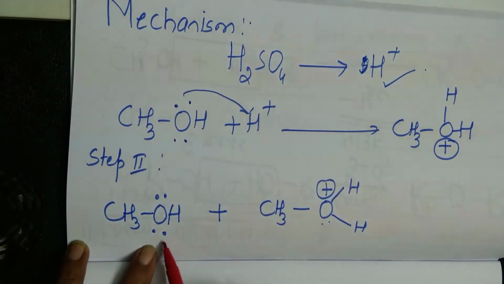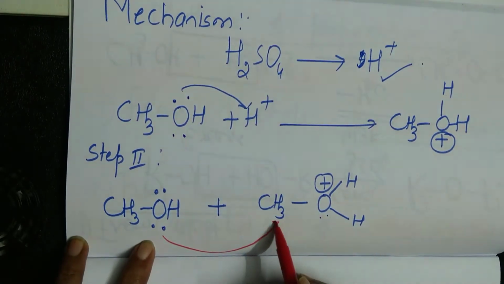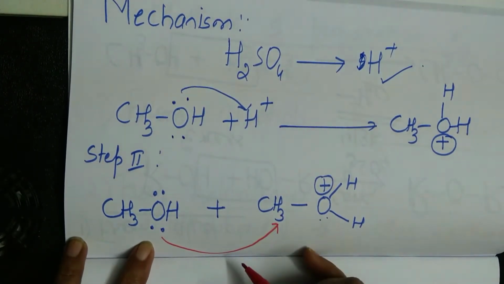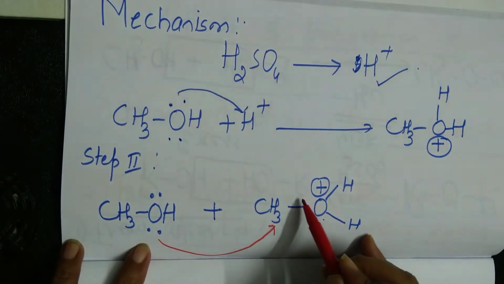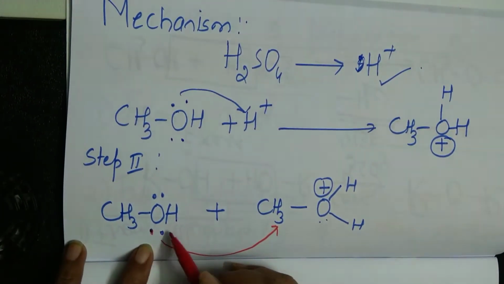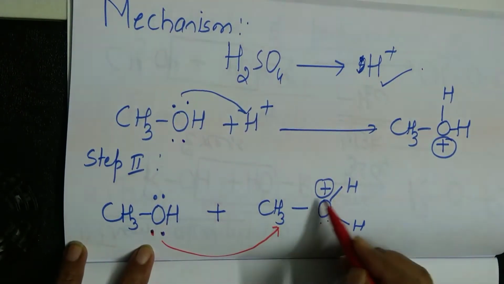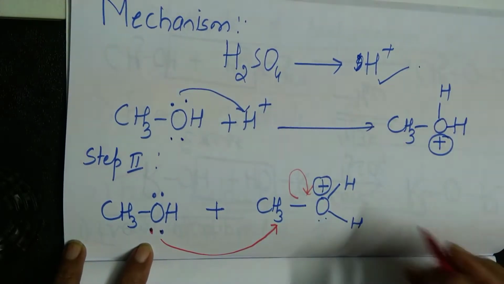Step 2. An alcohol attacks this protonated alcohol. So what happens here? This carbon is deficient of electrons. Therefore, the alcohol which is rich in electrons will attack this carbon atom and water is eliminated.